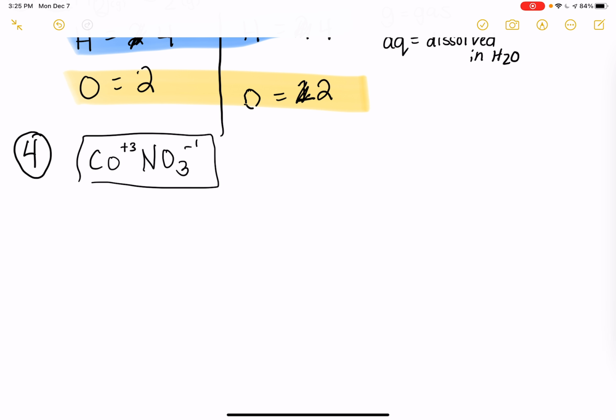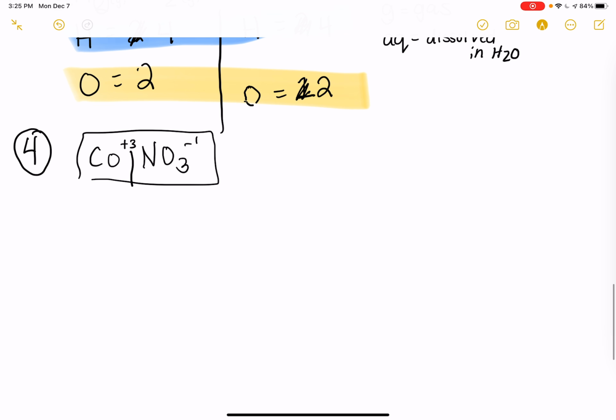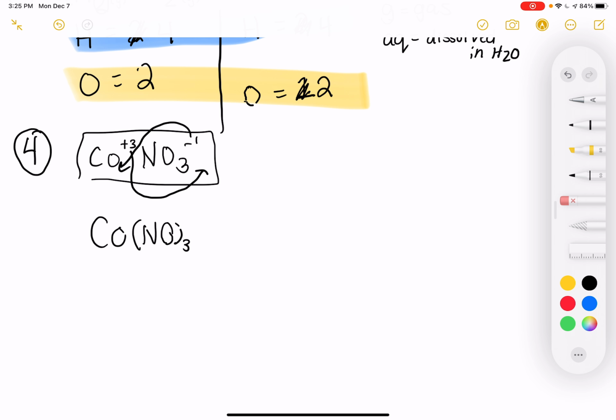So just by doing that whale or that crossover, we're going to put the 3 down here and the 1 down here. That's going to be Co and NO3. I'm not sure why this is messing up on me, and that's not how you do it. I got ahead of myself.